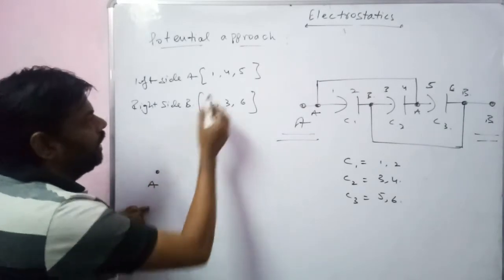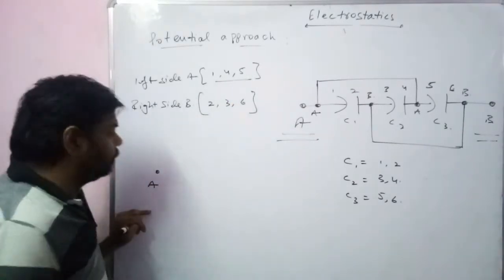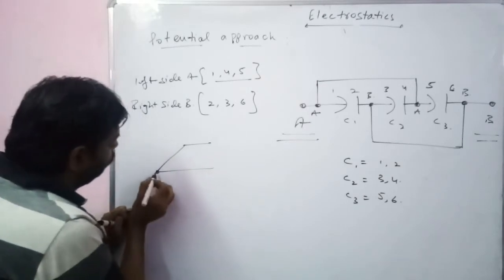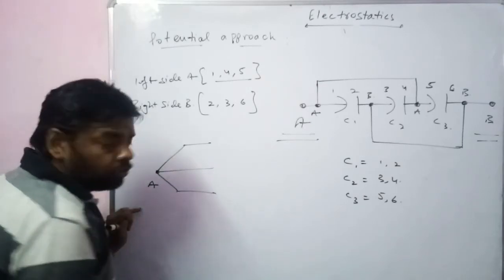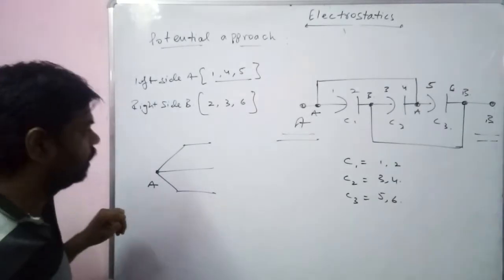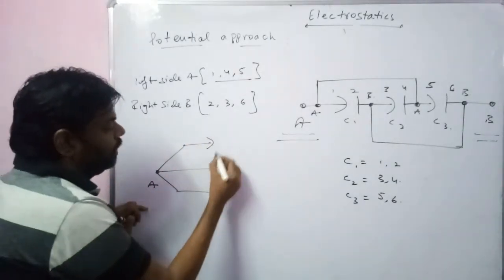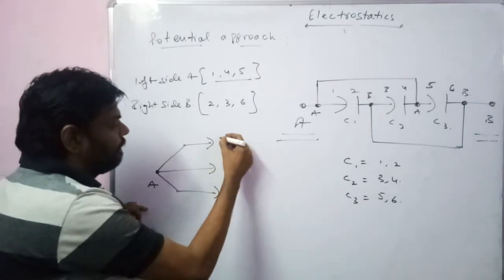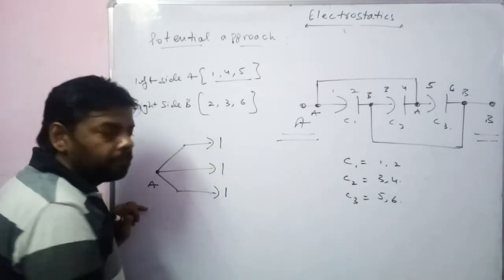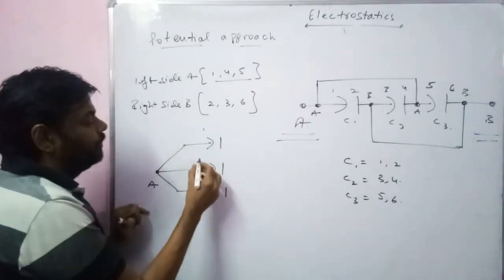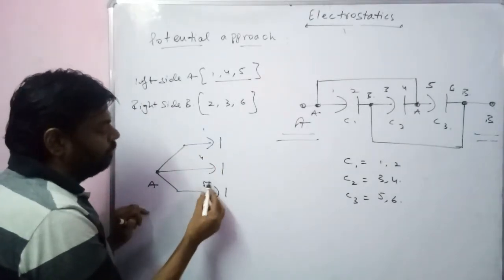From this point A, we have to connect 3 plates. So we are going to produce 3 arms from the point A. Mark the capacitors, name the plates: 1, 4 and 5.